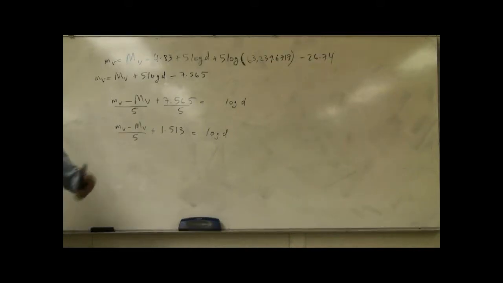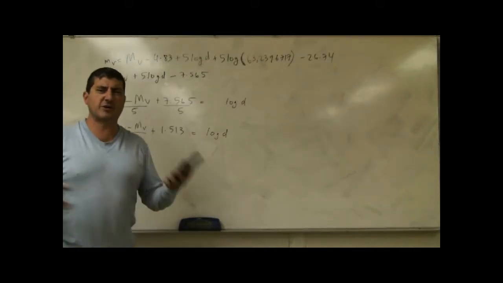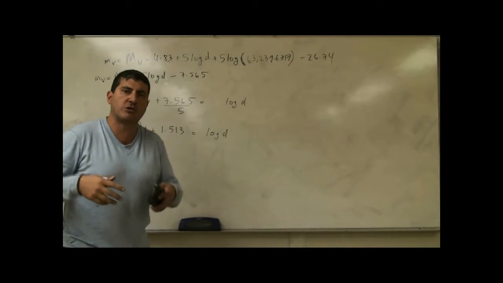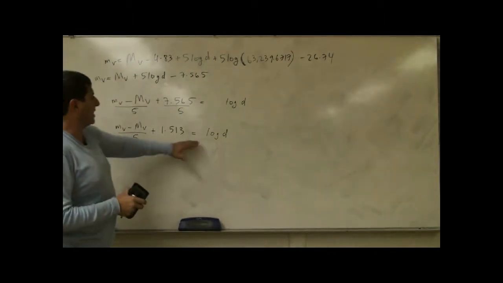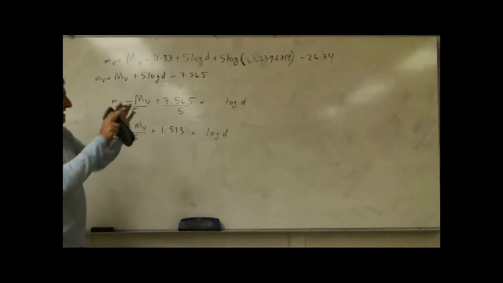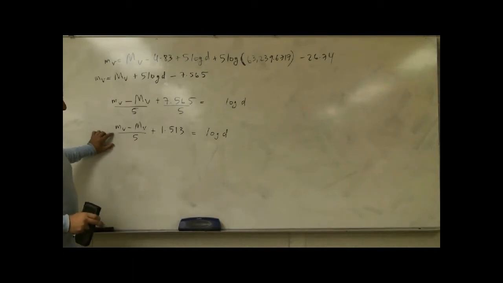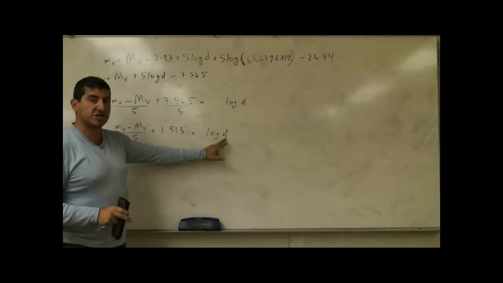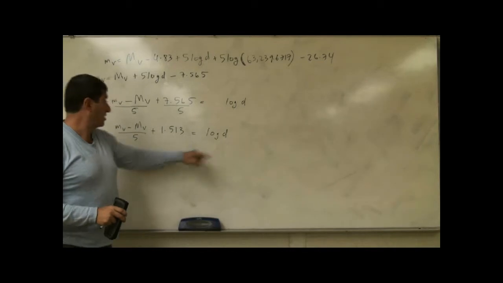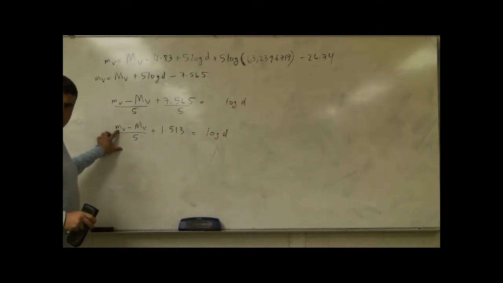Now what am I left with? By combining all of these logs, by rearranging things, what was my goal and what did I end up with? Well, what I ended up with was an isolated equation where it would relate the distance of a star in light years to the apparent visual magnitude of the star and the absolute visual magnitude of the star, right?